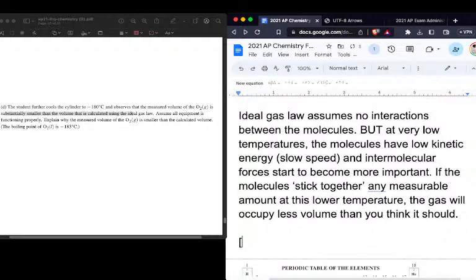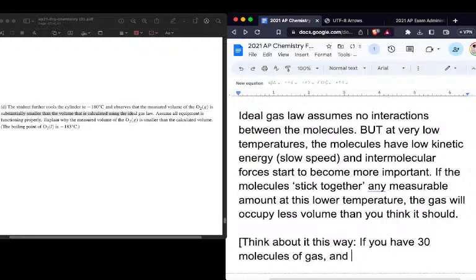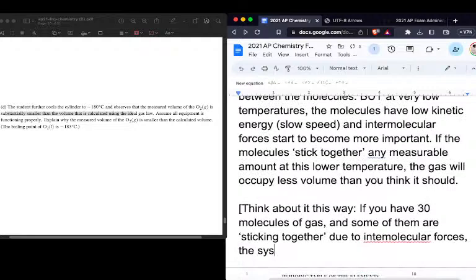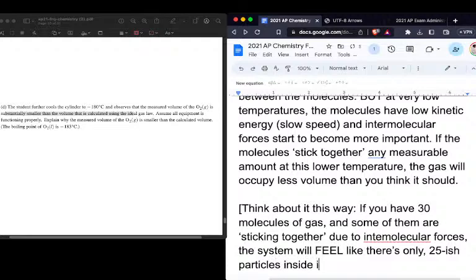Just as an extra point here, think about it this way. If you have 30 molecules of gas and some of them are sticking together due to intermolecular forces, the system will feel like there's only, say, 25-ish particles inside it.